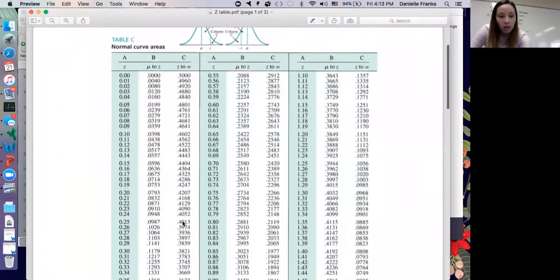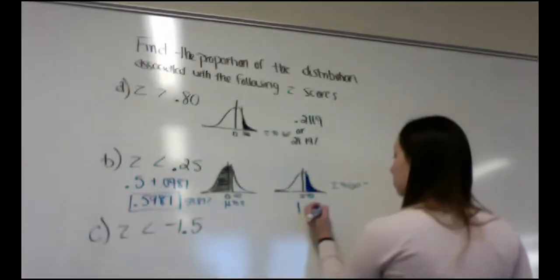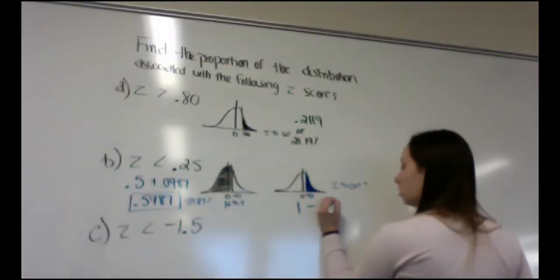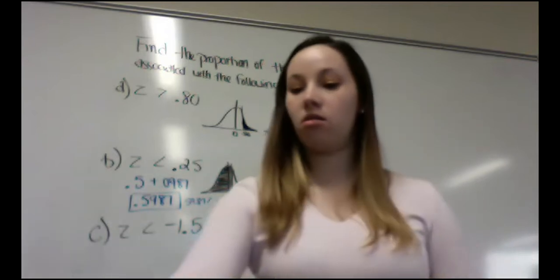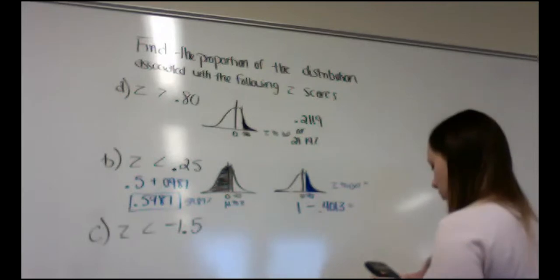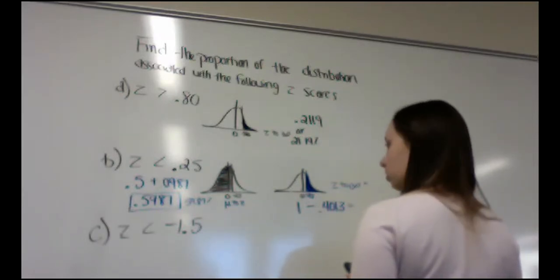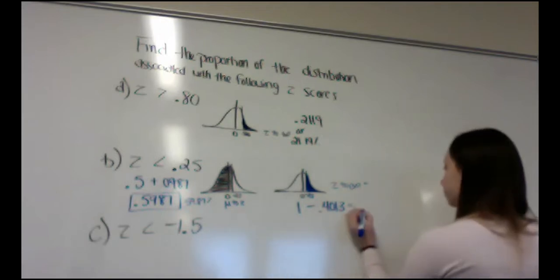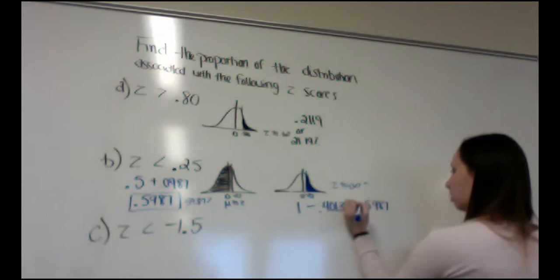So 0.25, our probability is 0.4013. So when you do that subtraction, we should get the same answer, hopefully. We'll see. And we do, we get the same answer, 0.5987.